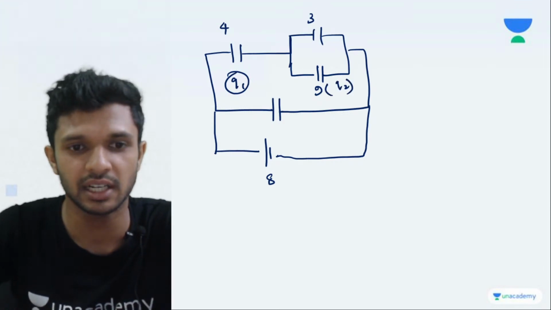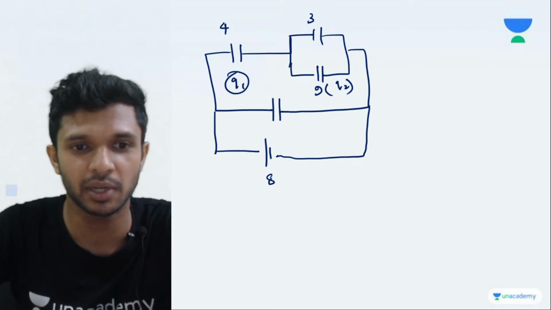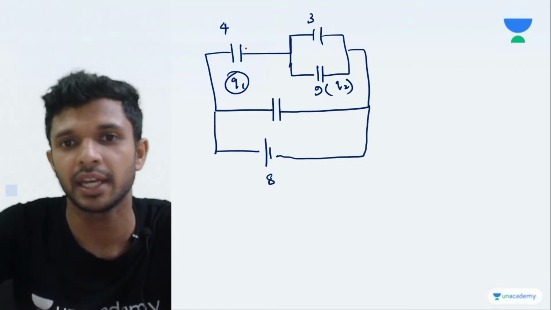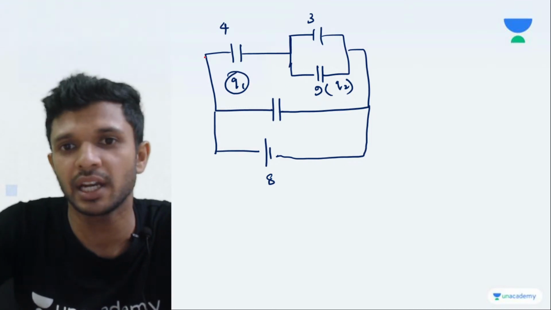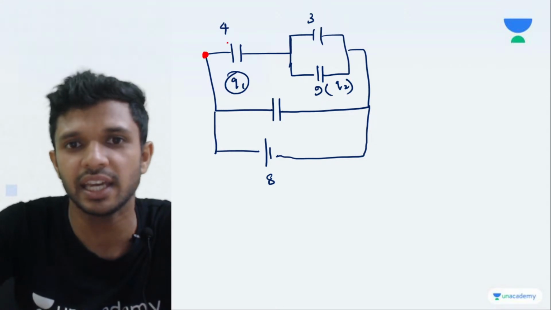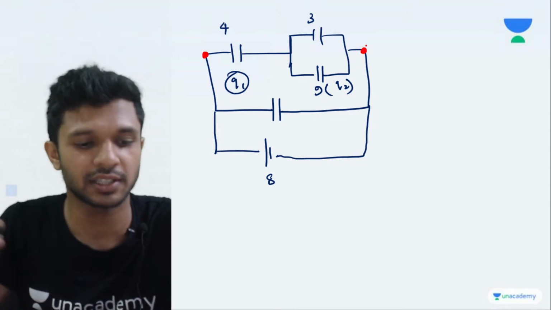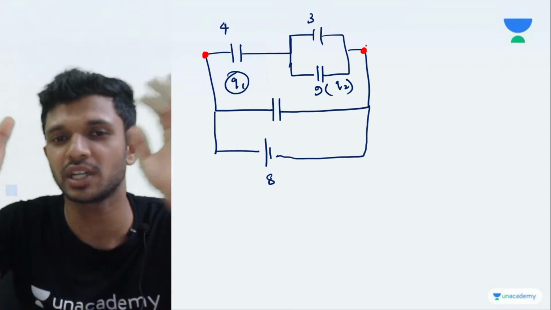Okay, so let's start. शुरू करेगा बिल्कुल बिल्कुल. Which color will we use? Red use करेगा थोड़ा. हाँ, थोड़ा सा red use करेगा. Now, first what I'm going to find out is the total charge across or between these points. How will I find out the total charge?